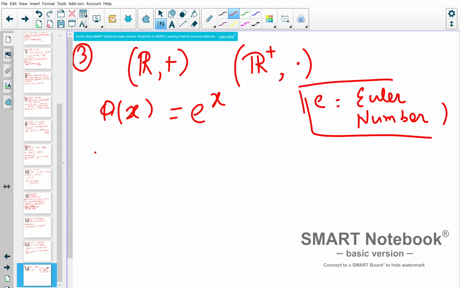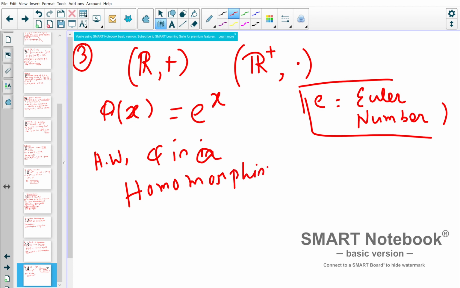This is again homework, you can easily check. There are lots of properties of homomorphisms and also isomorphisms that you can find out. I will come back and tell some of those things.